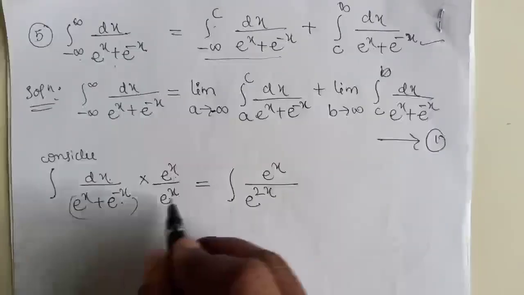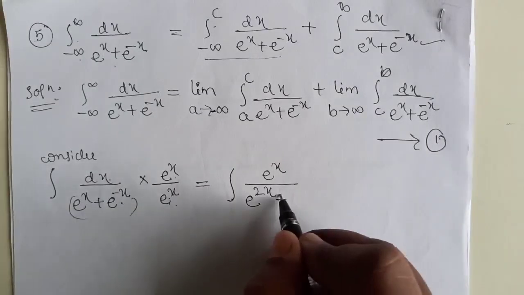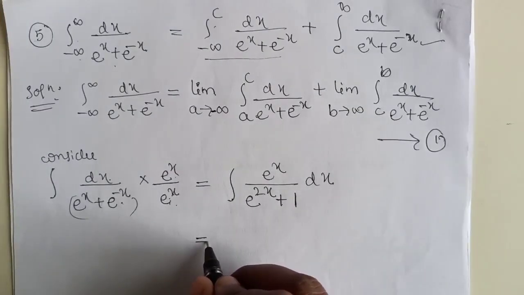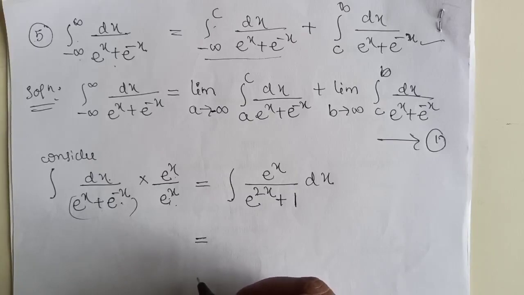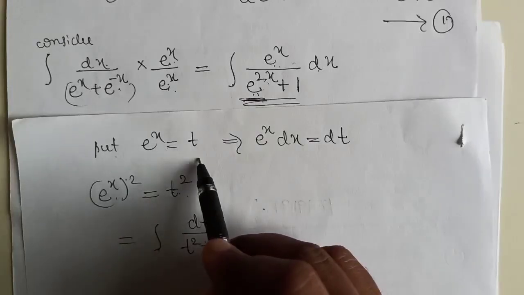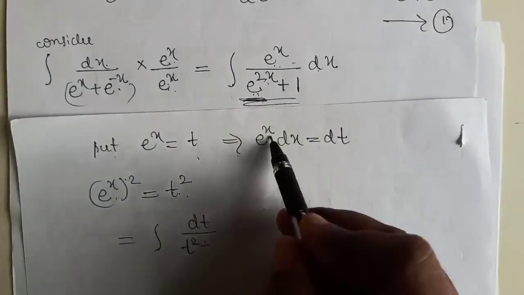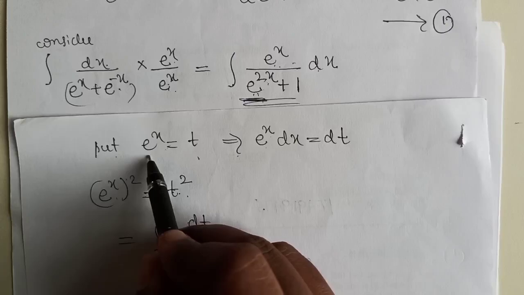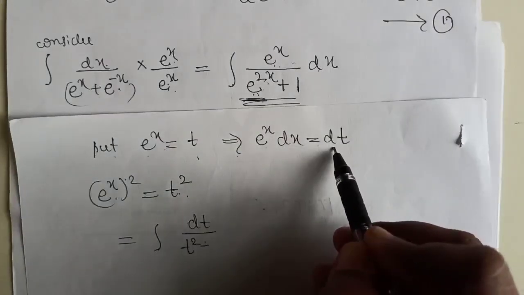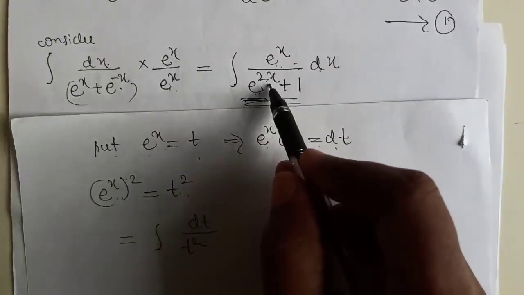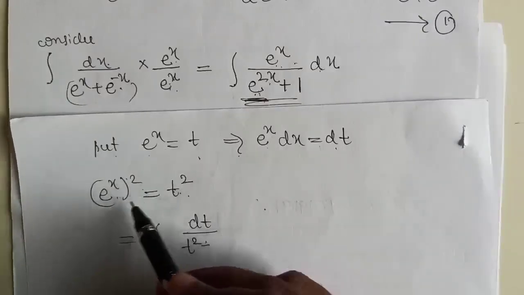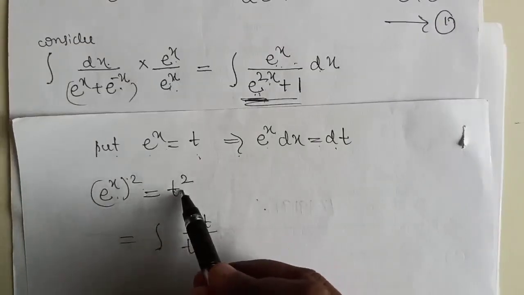Now e raised to minus x into e raised to plus x cancels, we get 1 into dx. On further simplifying, we put e raised to x equals t. It implies that, differentiating, e raised to x into dx equals dt. And e raised to 2x can be written as e raised to x whole square, therefore it is t square.